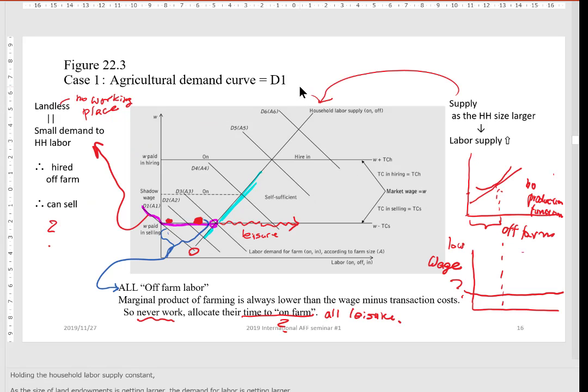So let's take a look at the case of D1, again, the landless farm household case. In this case, there is small demand for household labor, so the household labor is most likely hired off-farm, which means they can sell their household labor in order to get income, in this case wage.